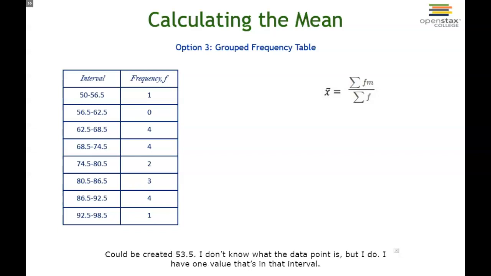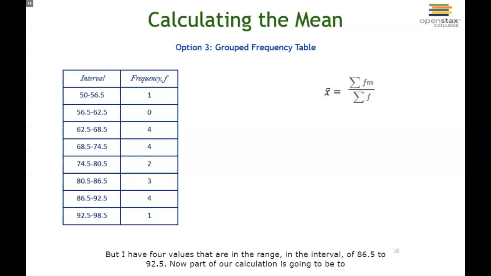Could be 53.5. I don't know what the data point is, but I know I have one value that's in that interval. Likewise, I have no values that are in the interval of 56.5 to 62.5. But I have 4 values that are in the interval of 86.5 to 92.5.